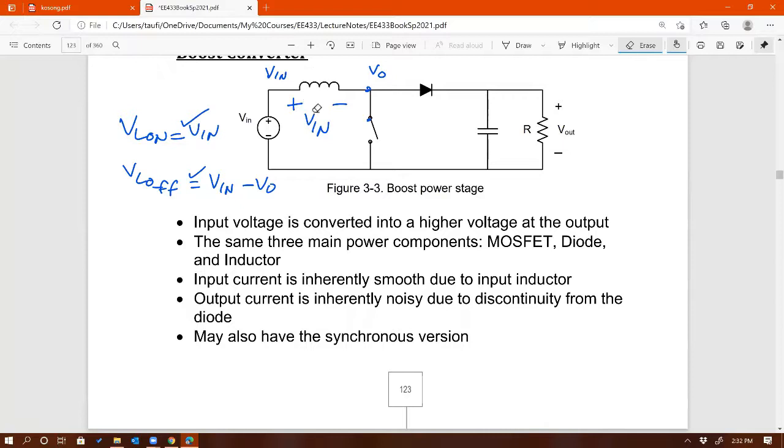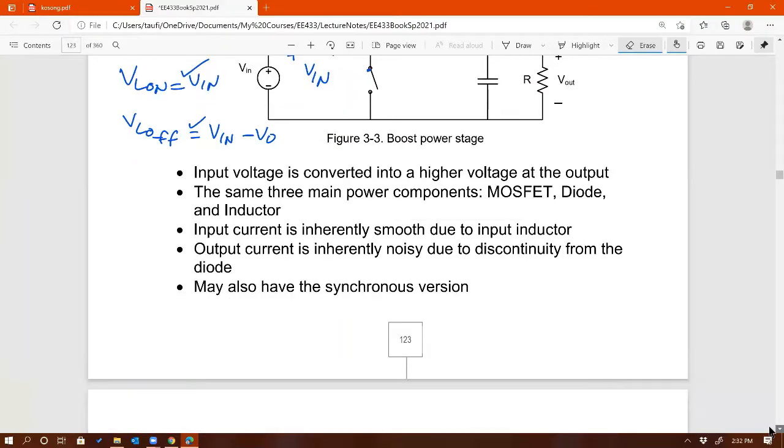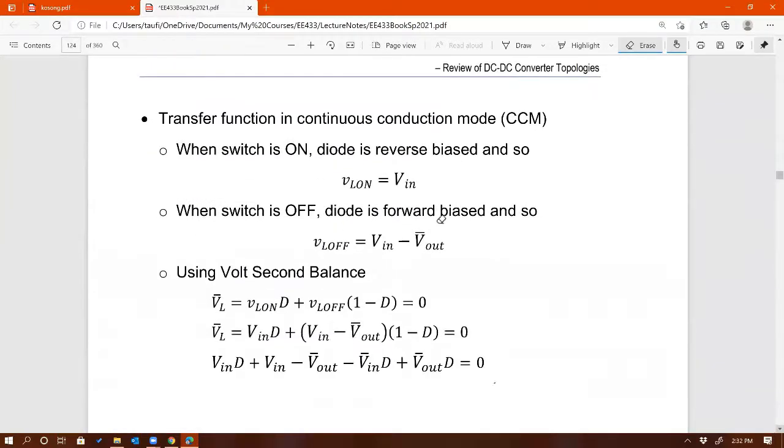So very good input current characteristics. Basically, the input current is close to DC, a triangular waveform, whereas the output current is going to be on and off, on and off because of the diode. So bad output current characteristics.